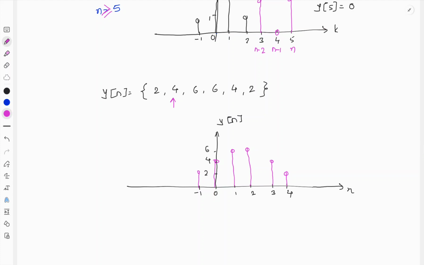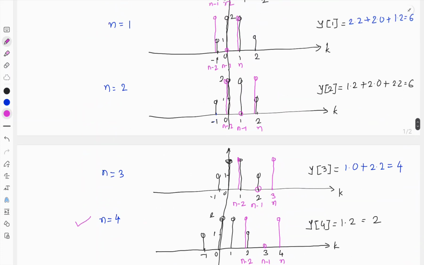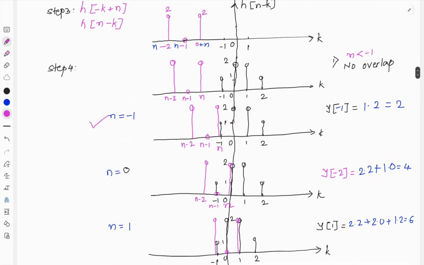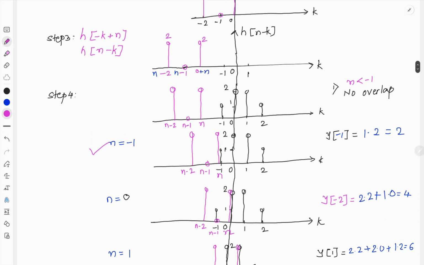The only condition you need to remember over here is, whenever we draw this x and h signals together, step number 4, here we have drawn these two signals together. You have to remember that you have to assume that this x signal is stationary and h signal is movable.